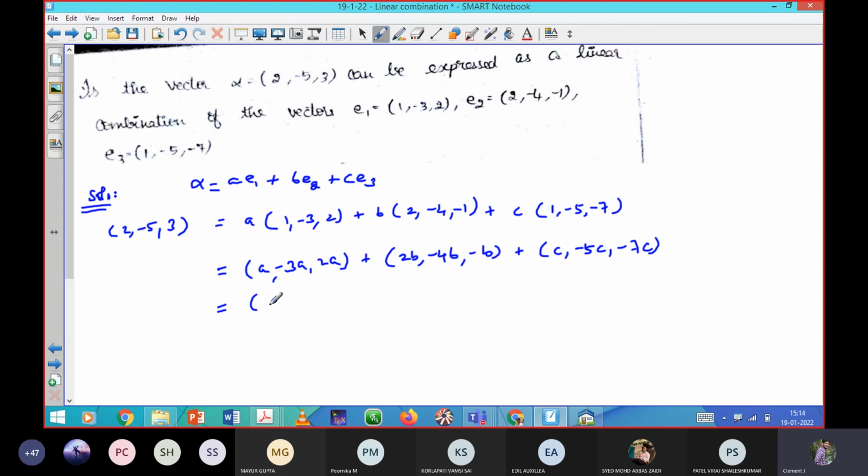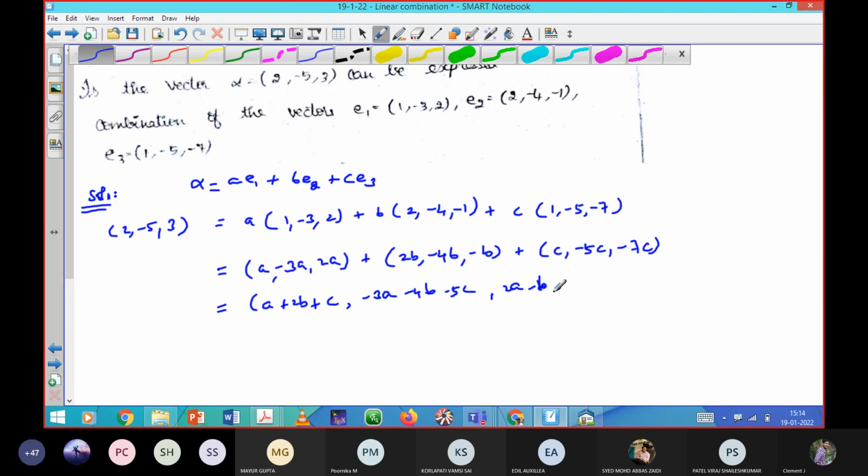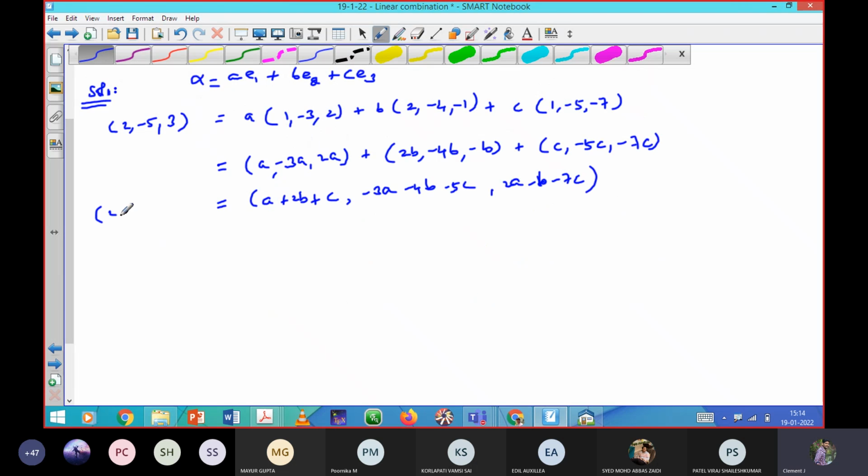So a plus 2b plus c, very simple logic, as I've already told you; then -3a plus -4b minus 5c, comma, 2a minus b, then minus 7c. Please stop me if I write anything wrong in these entries.